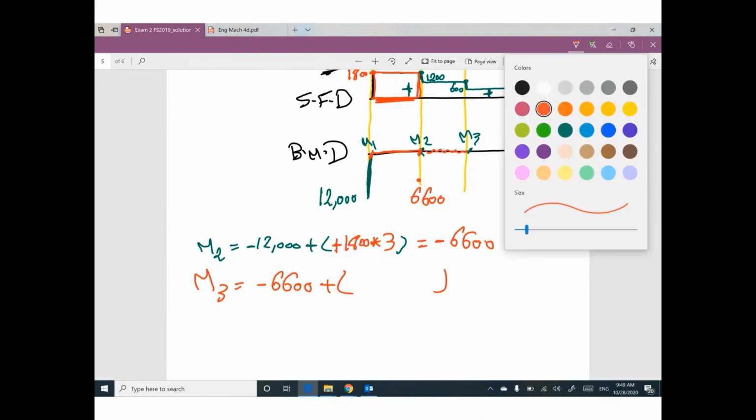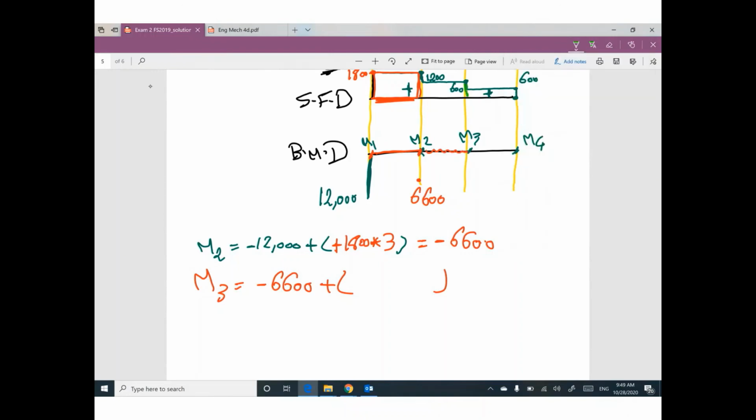We have this rectangle, positive. This height is 1,200 and the distance is 3, so your value will be negative 3,000.